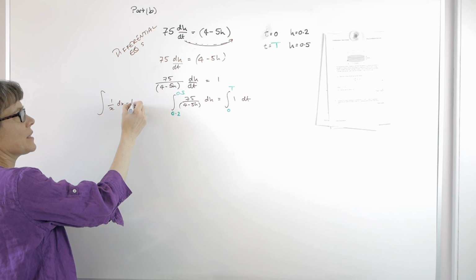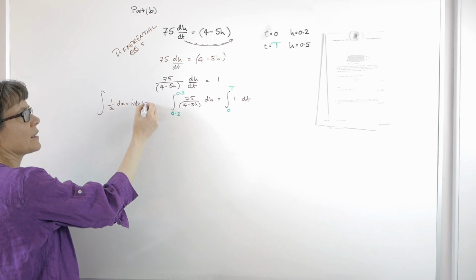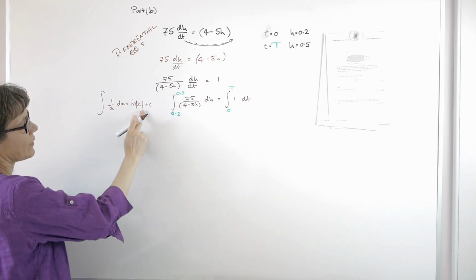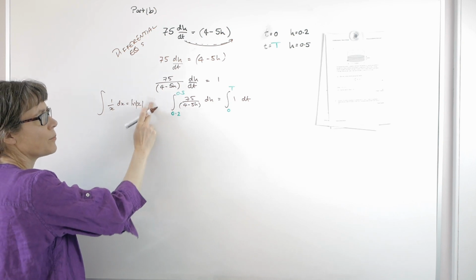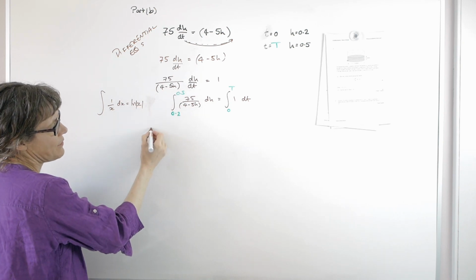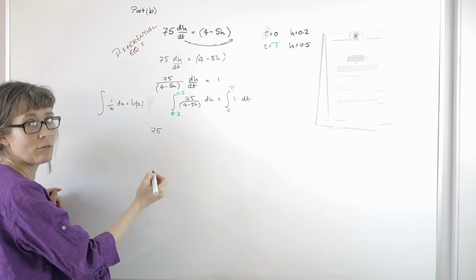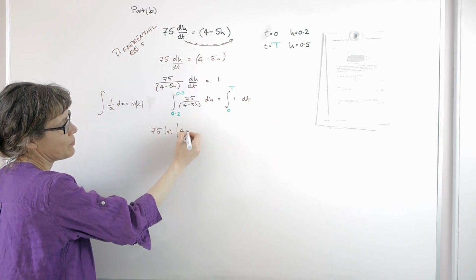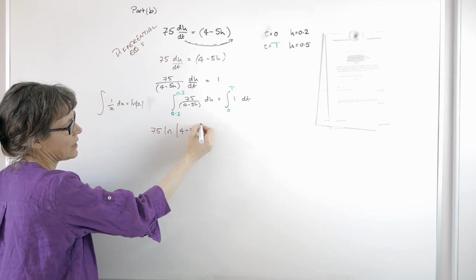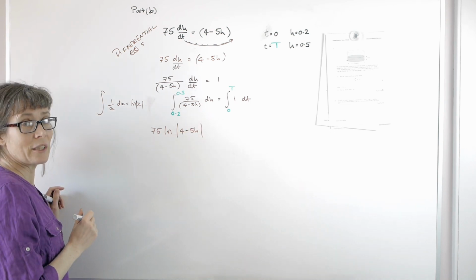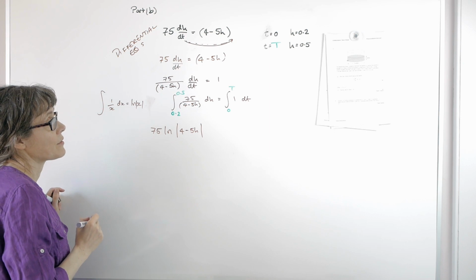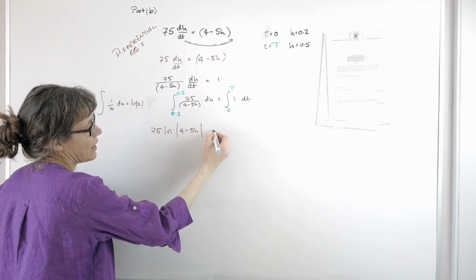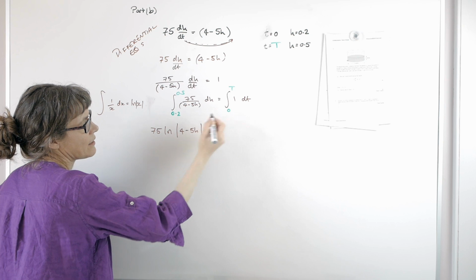So remember, this is ln x plus c, or the ln x sort of form. So we're going to get 75, it's just a constant at the front. Then we've got ln, remember to use modulus signs, just so that we can't take the ln of a negative number, so that sits in there on that side.